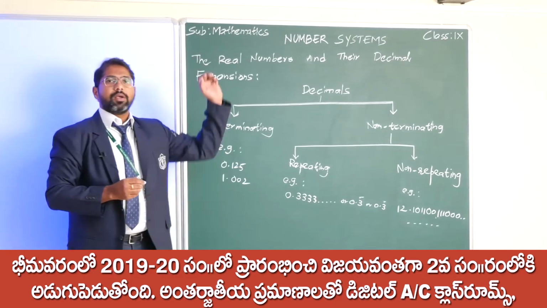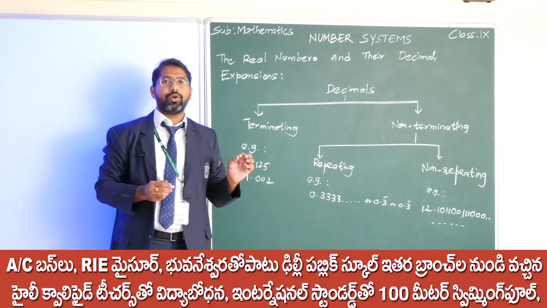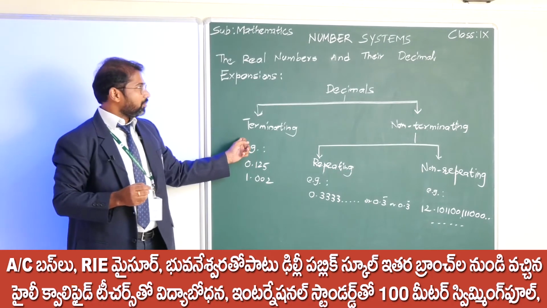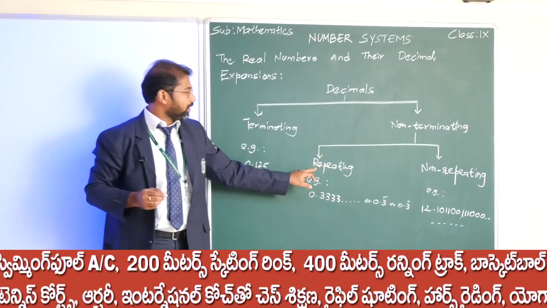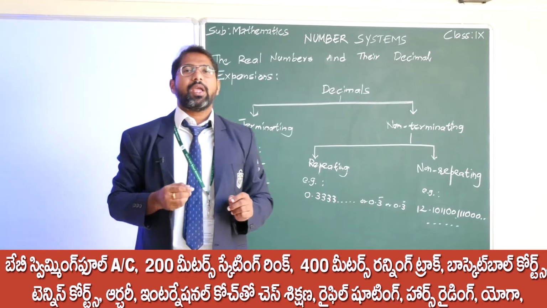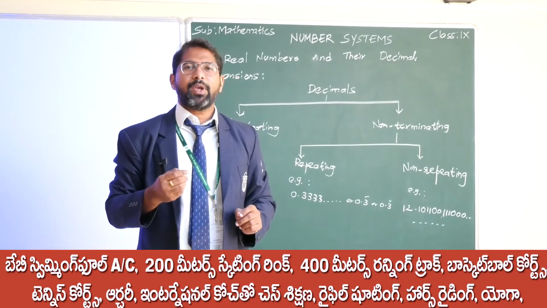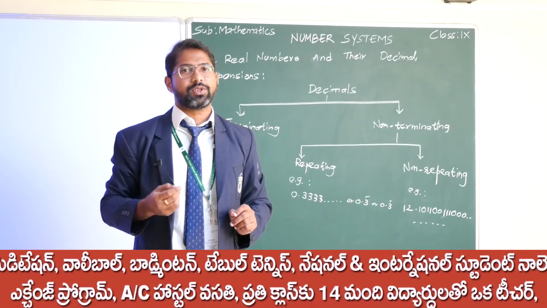Let us recall, in the previous classes I told you terminating decimals and non-terminating repeating decimals can be written in the form p by q, where p and q are integers and q is not equal to 0.